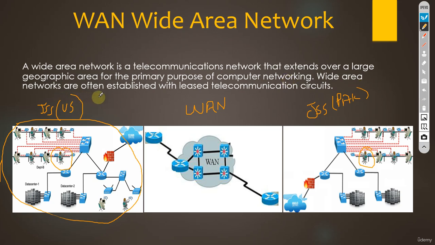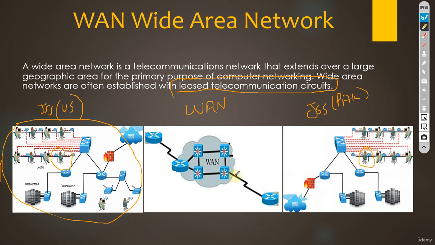Wide area networks are often established with leased telecommunication circuits. It means, as you can see here, we have this enterprise network that we have already talked about, and they want to communicate with some kind of network over here in Pakistan.